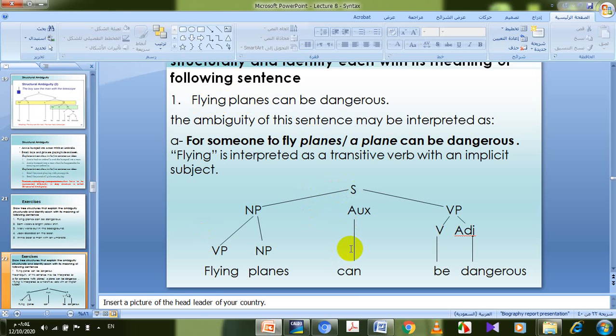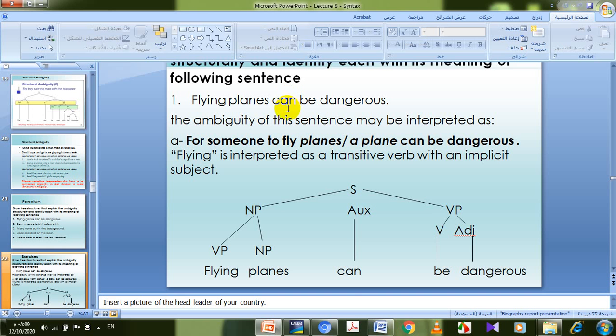The auxiliary is subdivided alone: can, may, should, might, is, was, will, could. The auxiliary stands alone directly from the sentence. Can be dangerous is the verb phrase. The sentence should be divided from here: the subject is the noun phrase, and the rest of the sentence starting from the verb is the verb phrase.